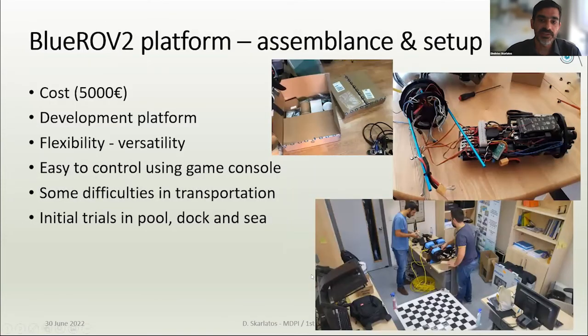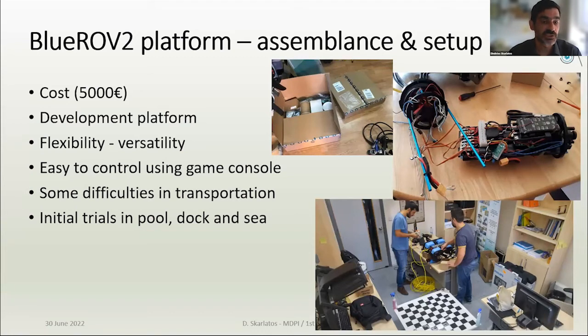And therefore Cyprus University of Technology and my lab decided to invest in buying a BlueROV, 5,000 euros, and you get it in an IKEA-like box, so you have to assemble it yourself. But on the other hand, the flexibility and versatility of the platform is huge.